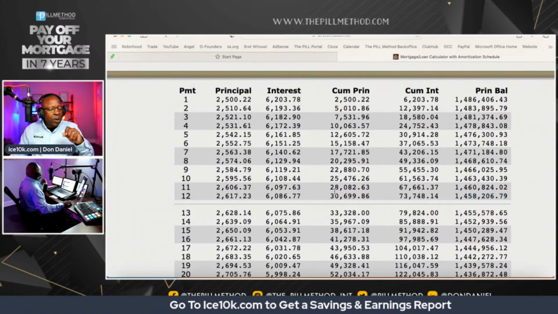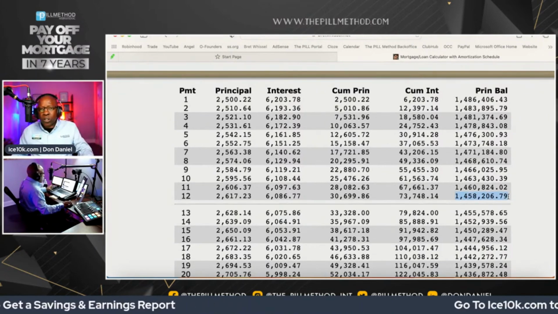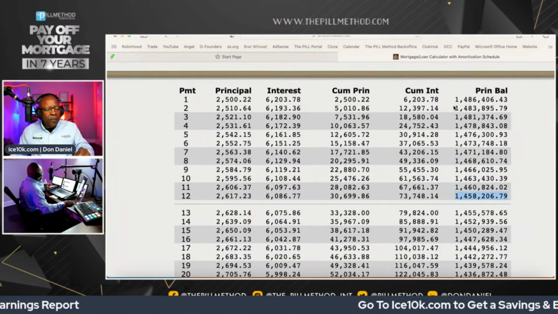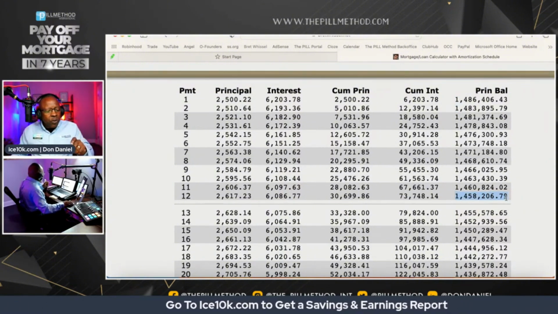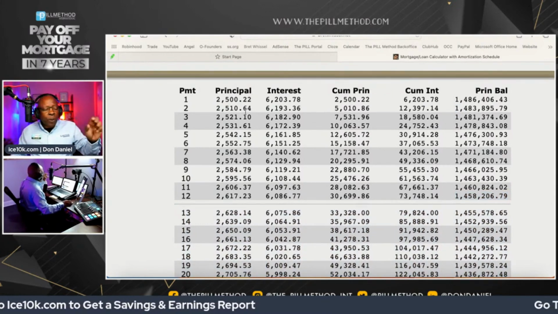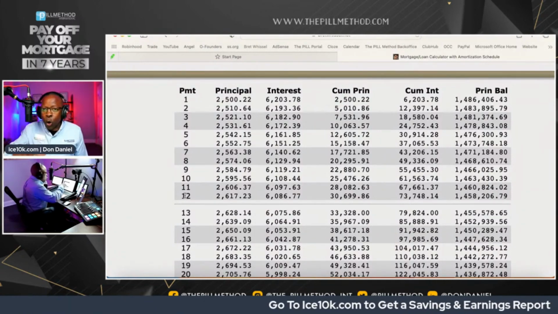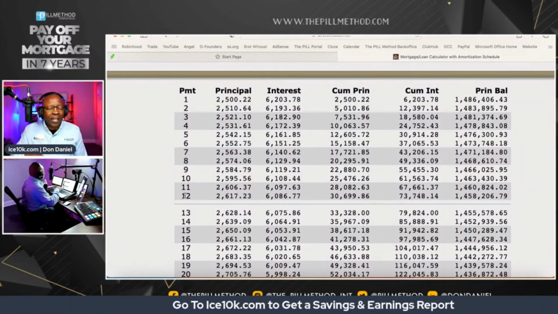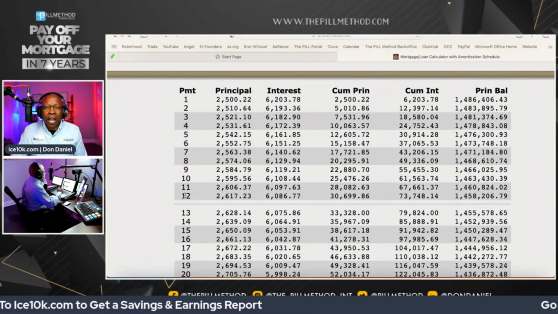And if you're paid down to here in just 1 month, and we pay interest based on the monthly balance, so you're here in 1 month, that means you don't have to pay any interest on the payments from line 2 to line 12. No interest payments. That saves 11 payments.